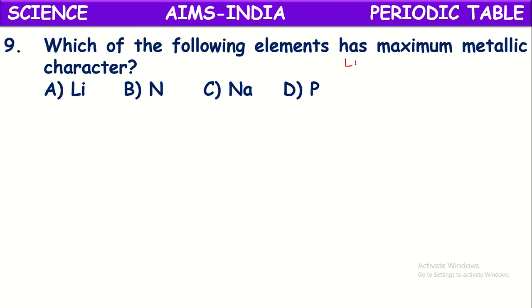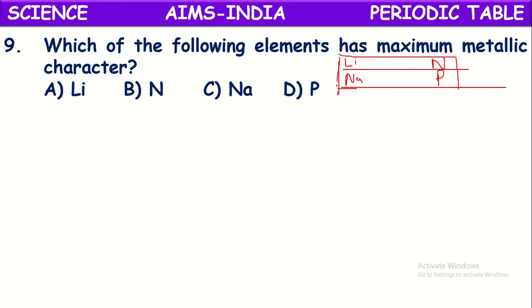First, lithium. Down to lithium there will be sodium. And if you see nitrogen, it is in the same period along with lithium, on the right side. And phosphorus is in the third period along with sodium and down to nitrogen. So this is the position of these four elements in the periodic table.